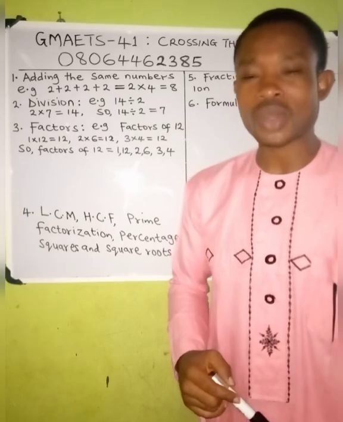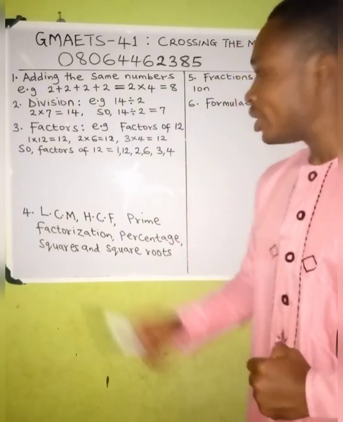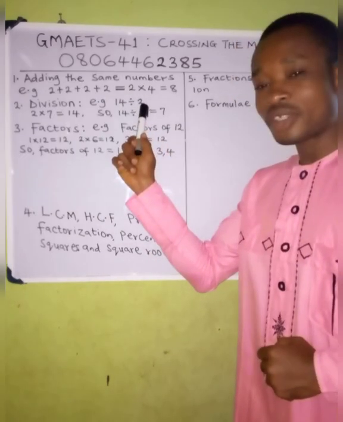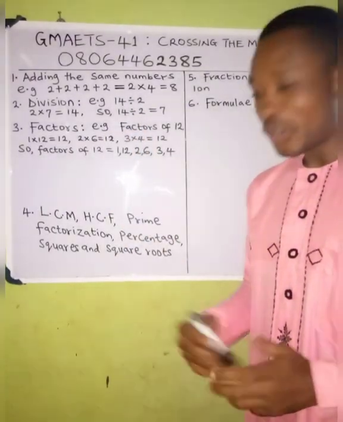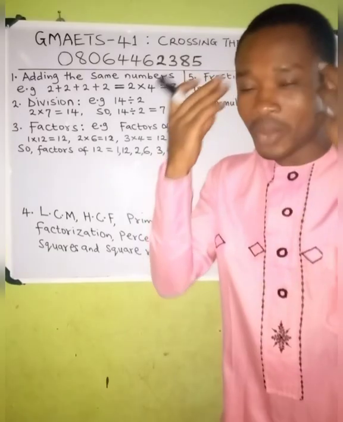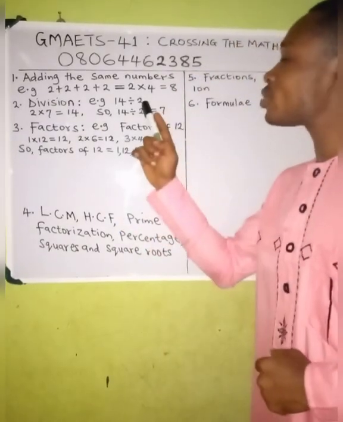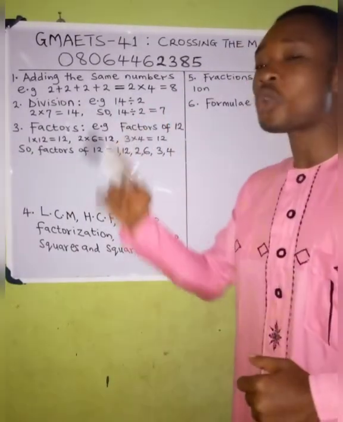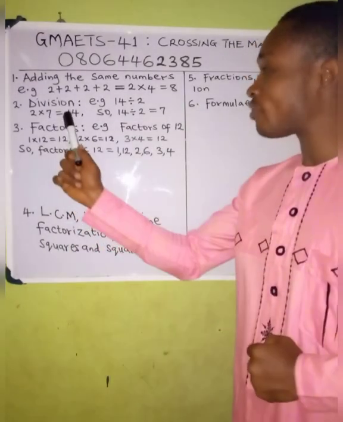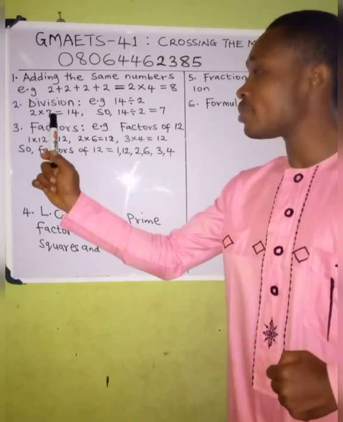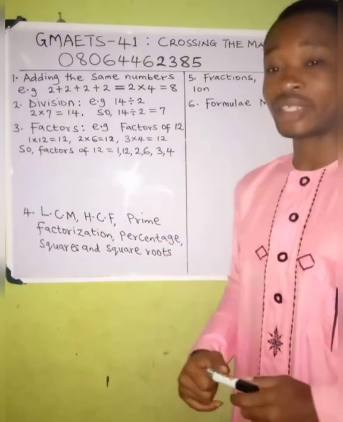Again, let's go back to our multiplication table. You come to the second number, 2, which you are using to divide 14. All we need to do is to ask ourselves the question, 2 times which number will give us 14? And you will agree with me that from your multiplication table, 2 times 7 will give us 14.